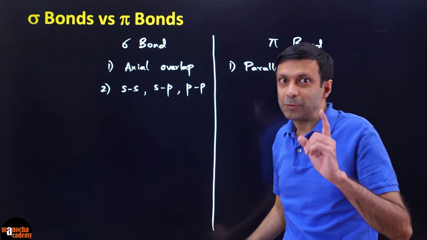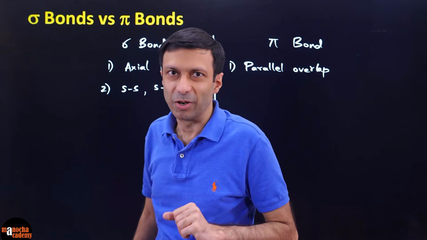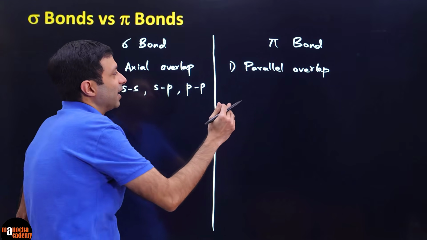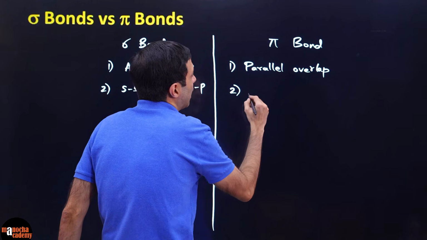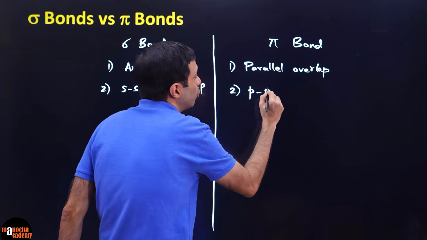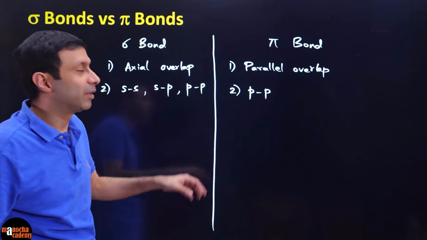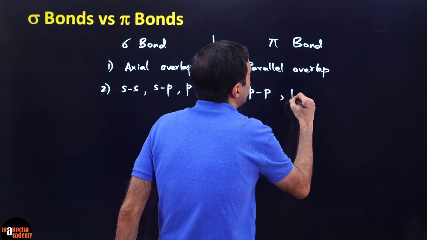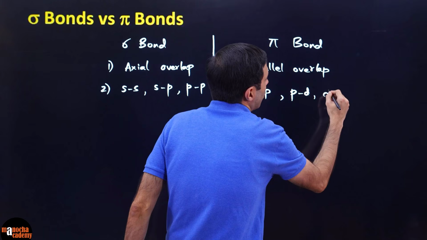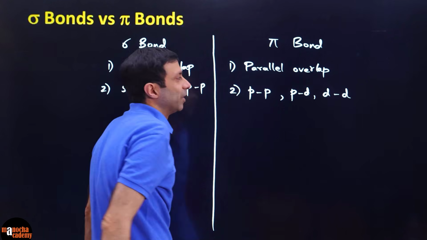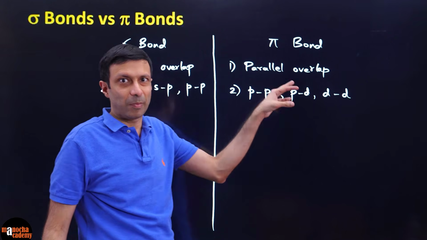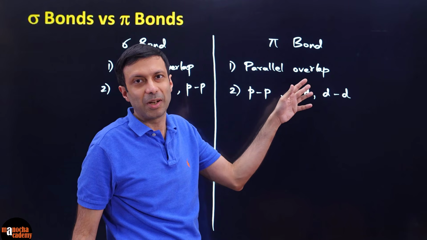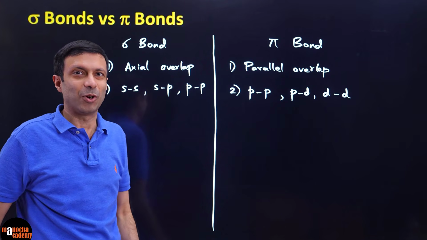But even the first pp bond will be a sigma bond, as we have discussed. And here in pi bonding, you can have between two p orbitals, so pp overlap. It could be a pd overlap or a dd overlap. So you can remember the dumbbell shaped orbitals, the single dumbbell or the double dumbbell, they form the pi bonds.